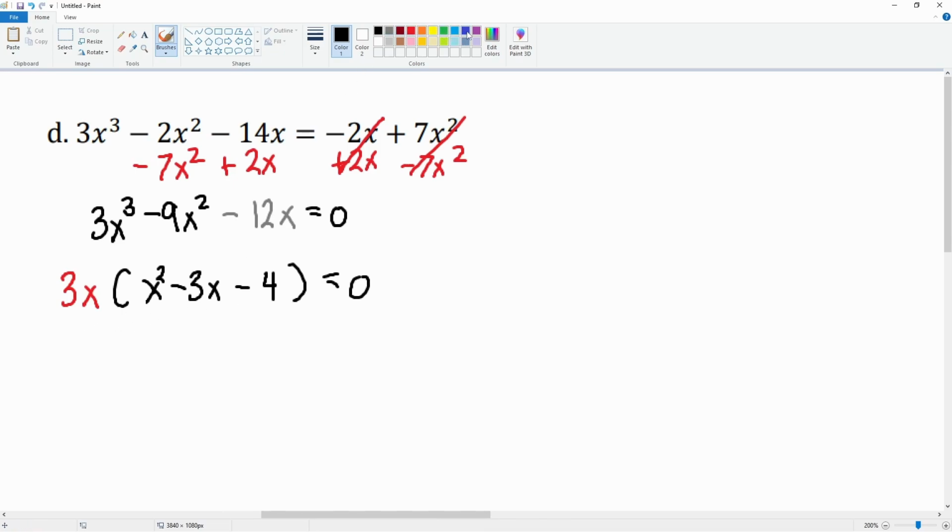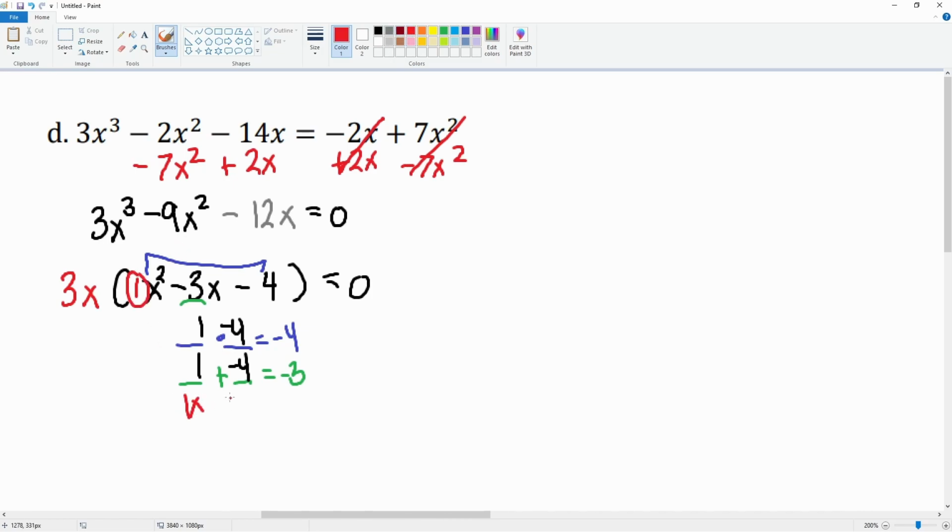Let's see if we can factor this. We're going to find two numbers that multiply to make negative 4 and add to this middle number of negative 3. I think it's 1 and 4, and I think the negative is going to be on the 4. Yep. Now we divide by the 1x here.